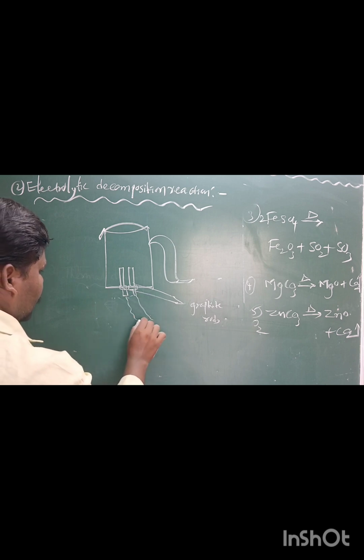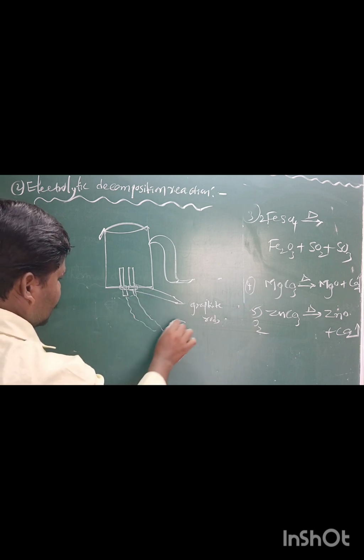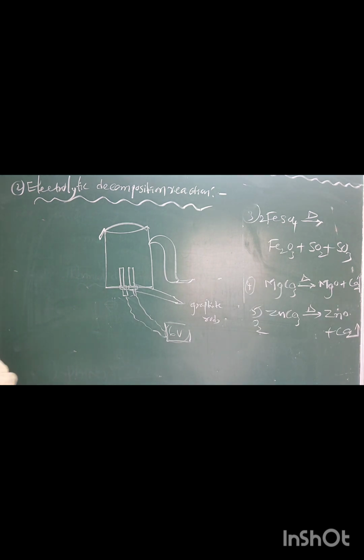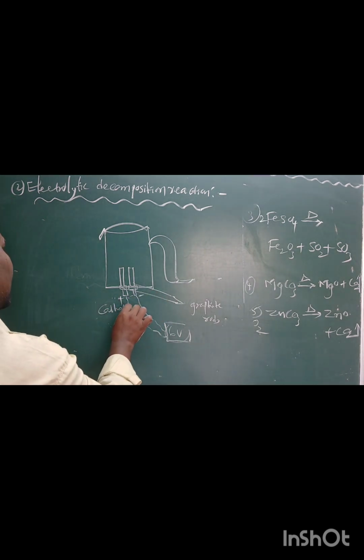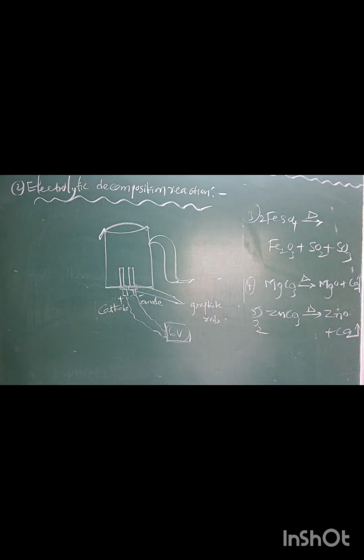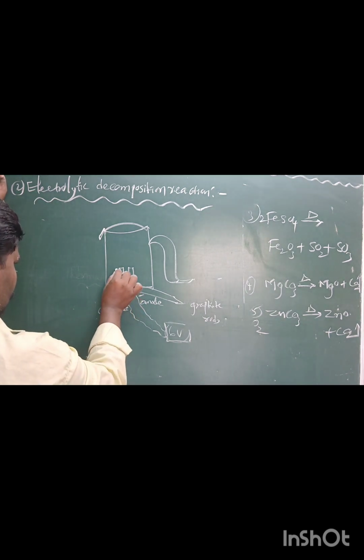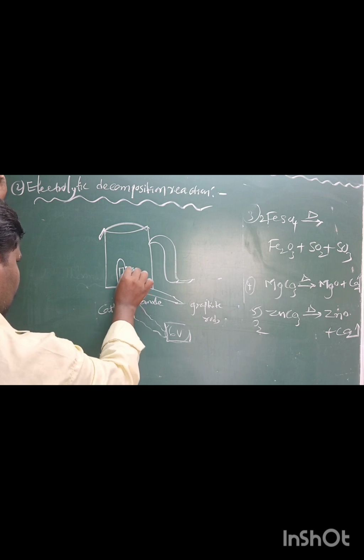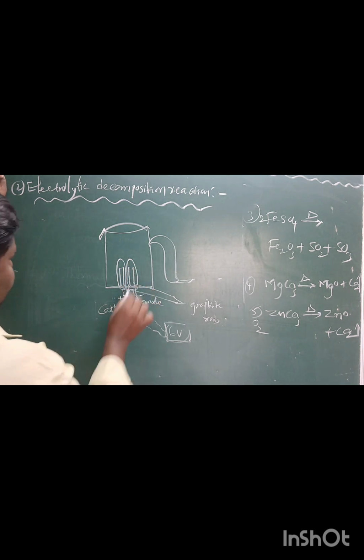It is connected to the 6V battery. Okay, one has a positive charge, one a negative charge. One acts as a cathode, another one acts as an anode. Two boiling test tubes are kept in a reverse position on the electrodes.